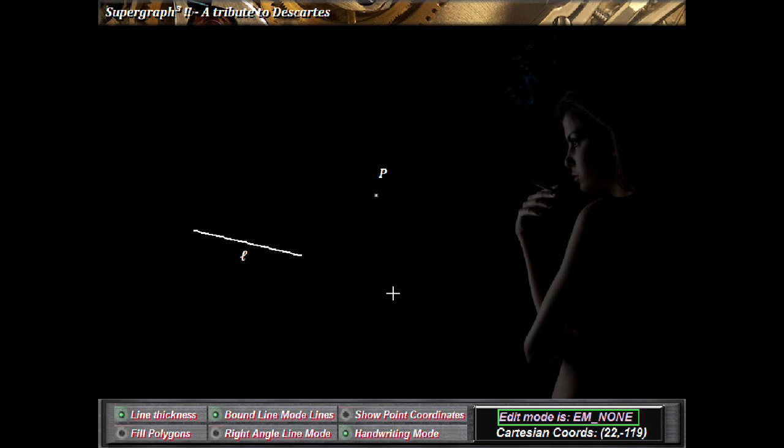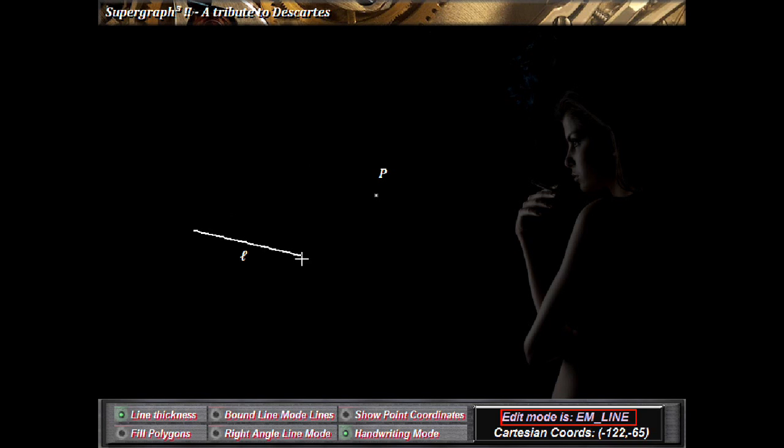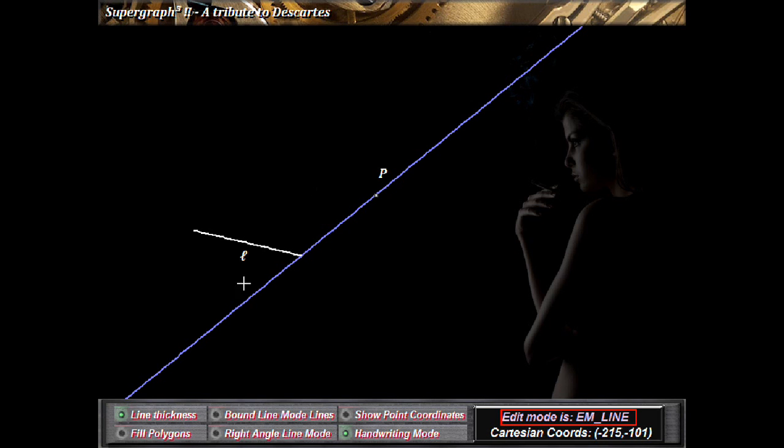We get out our straight edge. Now what I'm going to do is, for accuracy, just draw straight through it. The color doesn't matter, because I'm going to delete this one. I want to just draw straight through this, and see if I get a good line. I'm not 100% happy with that, but it's close enough.